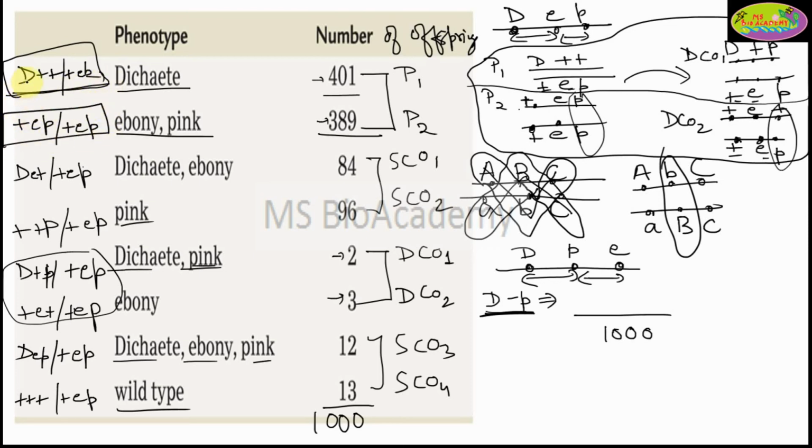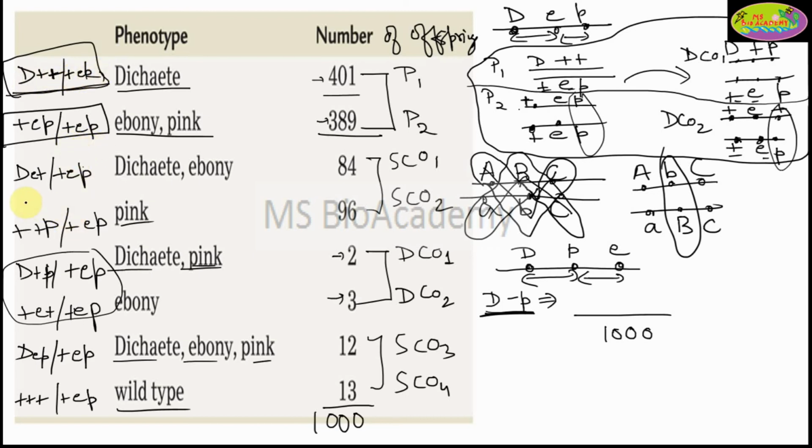Like in the parents it is D plus. So wherever D plus is there, that will be the parental type only. But wherever there is a change in the D and P pattern in the offspring, it will be recombinant. So just look here. This is D plus, plus P, right?